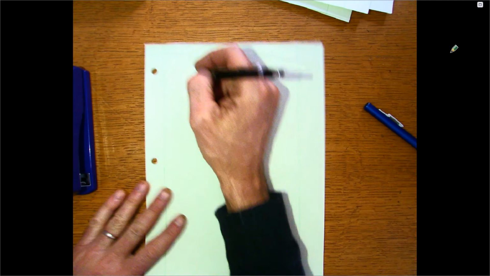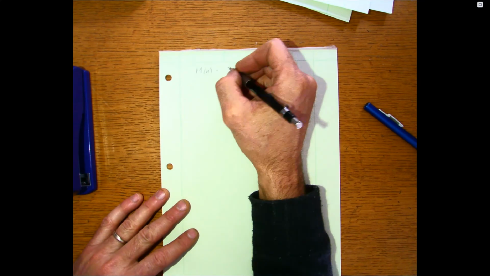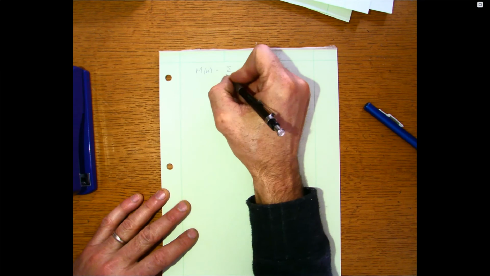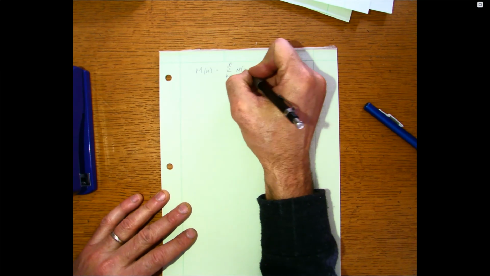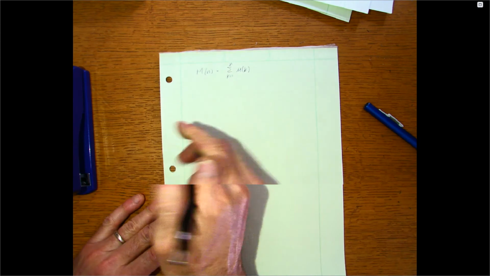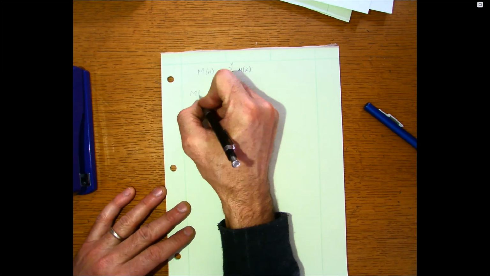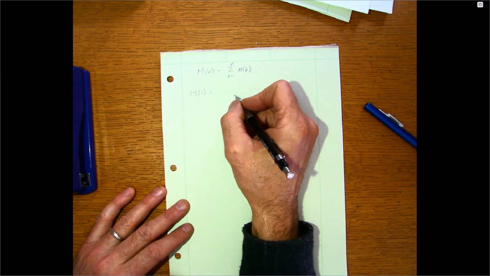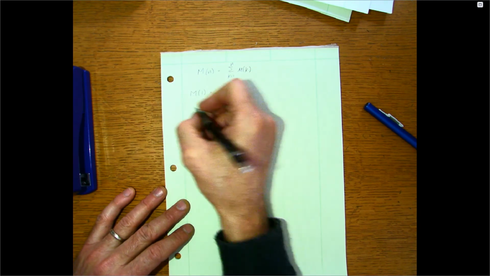So if we're thinking of the Mertens function, this is M of n, the sum from k equal 1 to, let's say, n itself of mu of k. Let's just take a look at M of 1. Well, that will be just the sum from 1 to 1. That'll be just mu of 1, which is just 1.